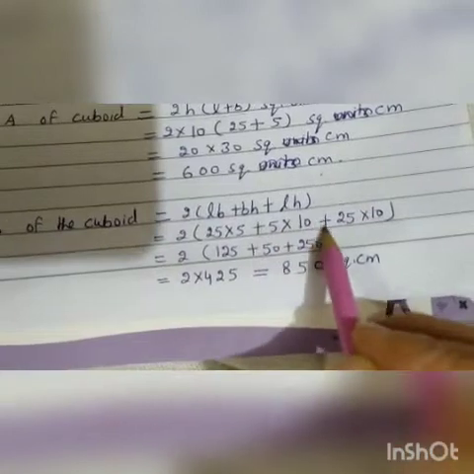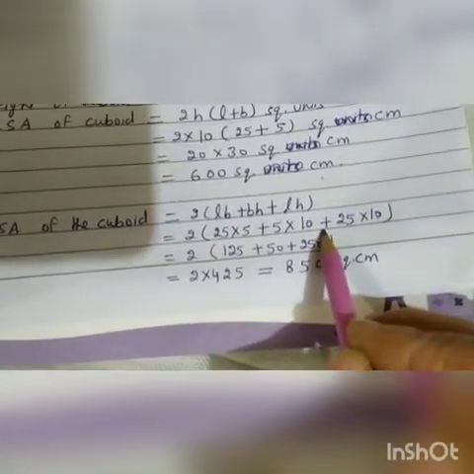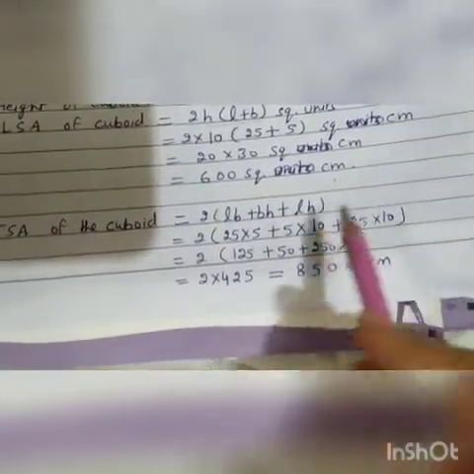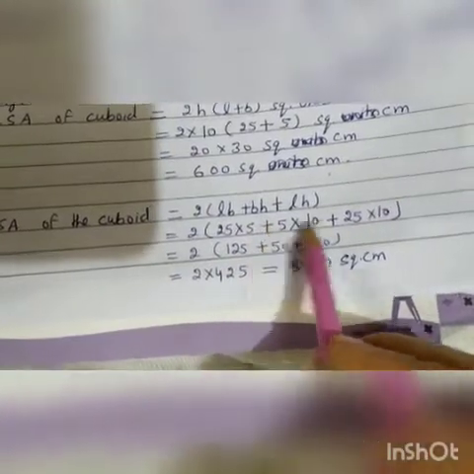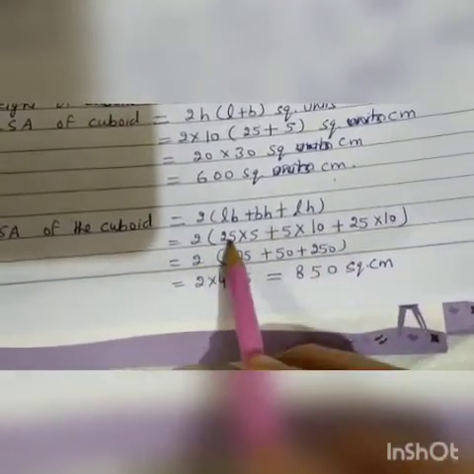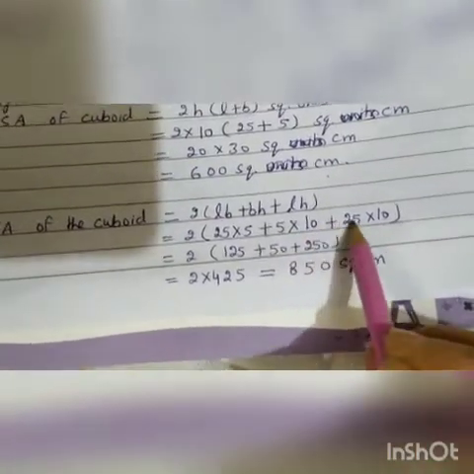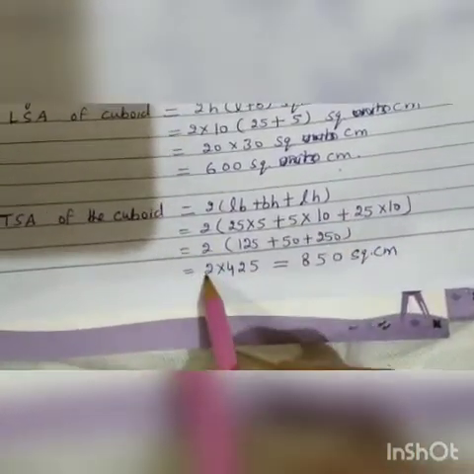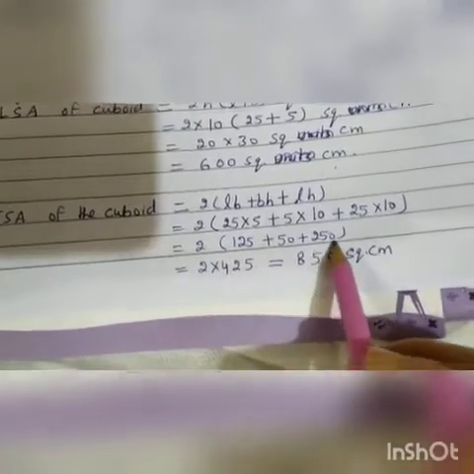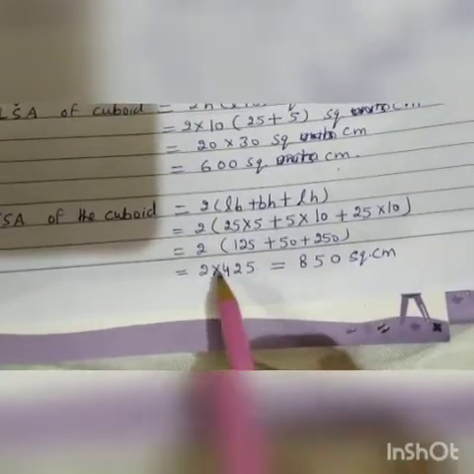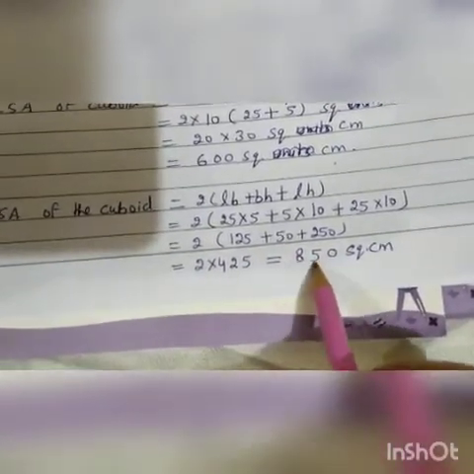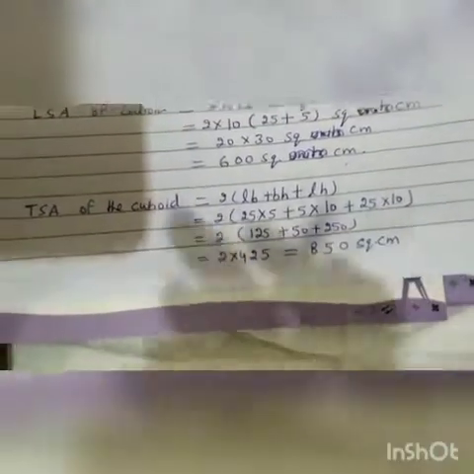Then it will become totally wrong. Here it is plus. So 2, 25 5s are 125 plus 5 10s are 50 plus 25 10s are 250. We will add this, it is 425, then we will multiply it by 2, we get 850 square centimeter.